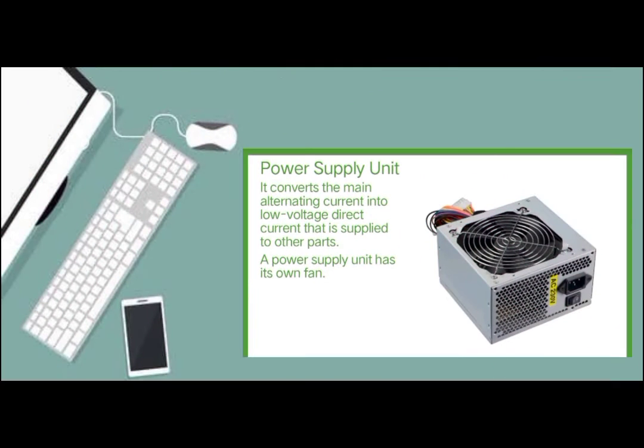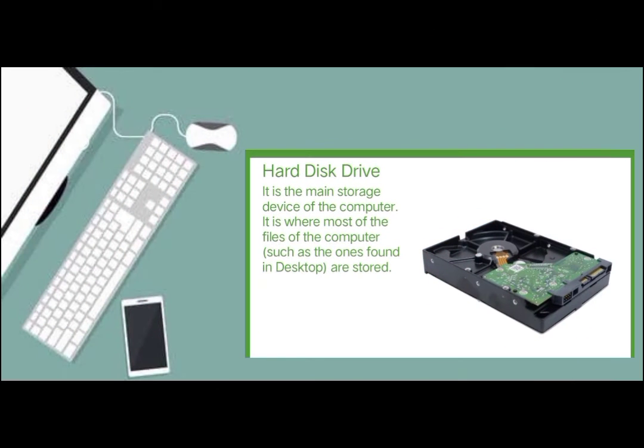The fifth one is the power supply unit, or the PSU. The PSU converts the main alternating current into low voltage direct current that is supplied to other parts. The main function of the power supply unit is to supply power or electricity to all other parts of the computer. The sixth one is the hard disk drive, or the HDD. The HDD is the main storage device of the computer, where the system's software and other data are stored.